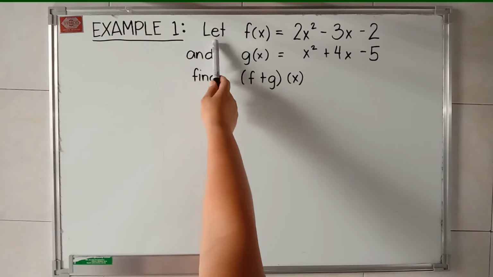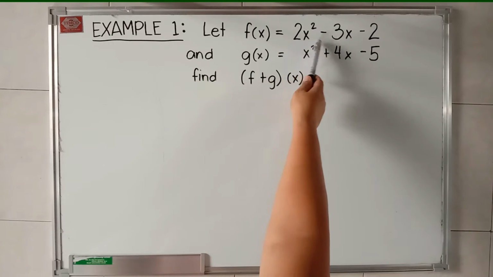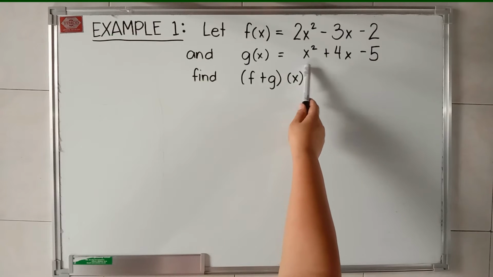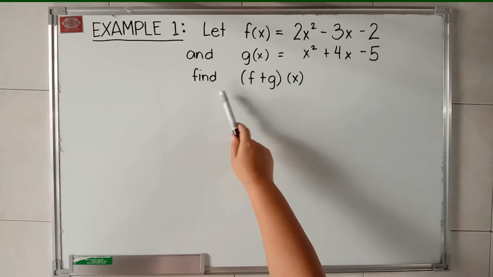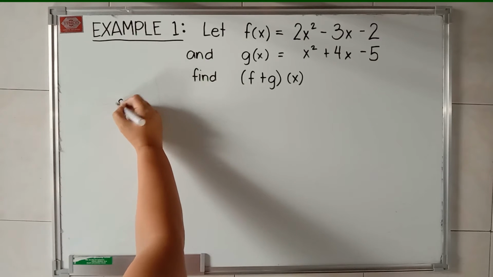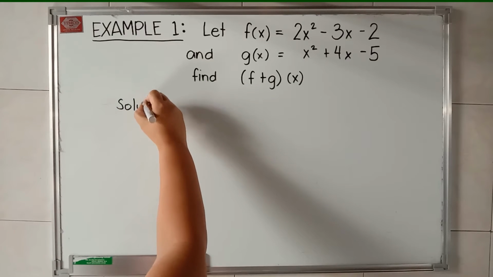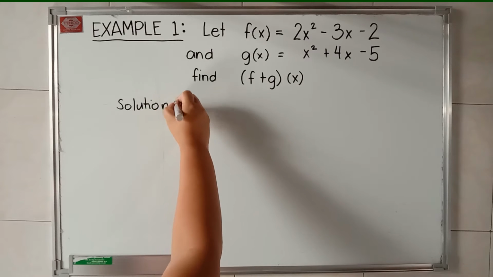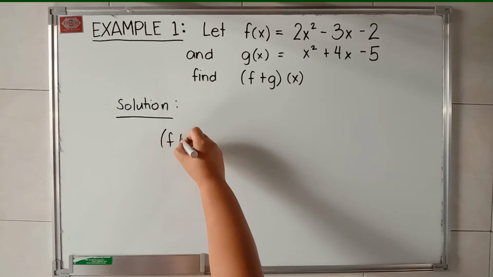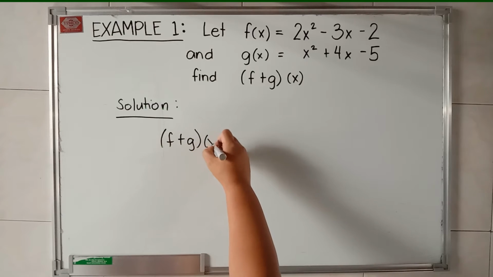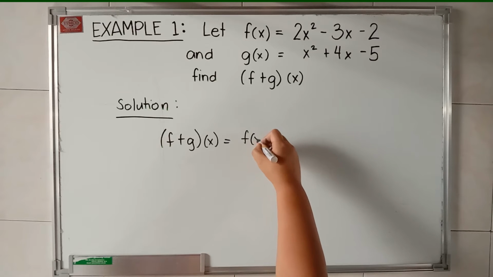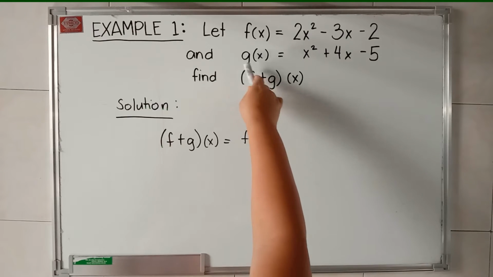Let's have example 1. Let f of x is equal to 2x squared minus 3x minus 2 and g of x is equal to x squared plus 4x minus 5. Find f plus g of x. So we have the solution. f plus g of x is equal to f of x plus g of x.